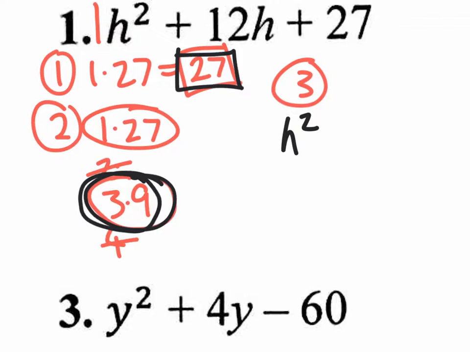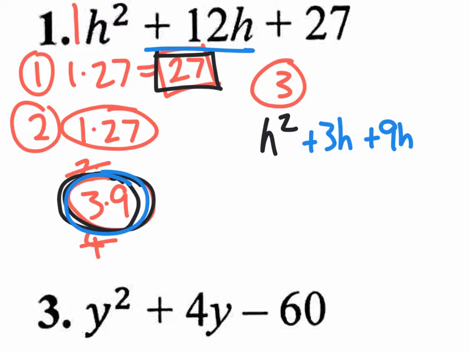Now, instead of the positive 12h, I'm going to convert that to the 3 and 9. So check this out. Instead of positive 12h, I want to go positive 3h plus 9h. I converted my trinomial to a polynomial. And we still have the plus 27 at the very end.